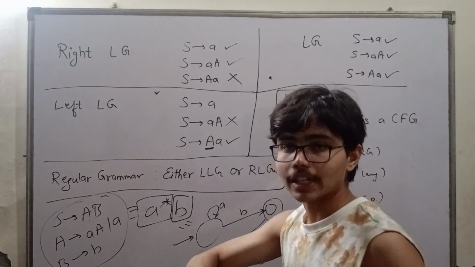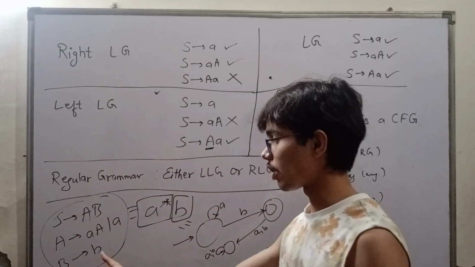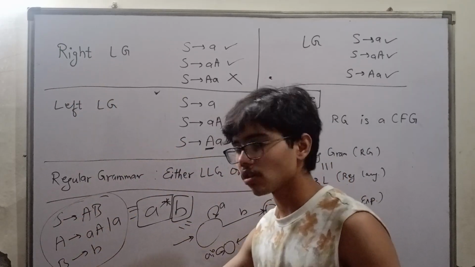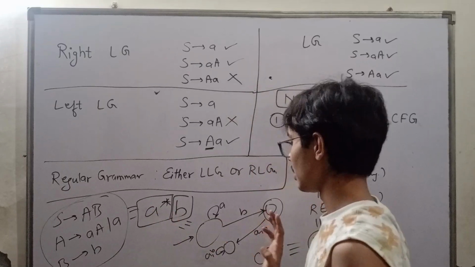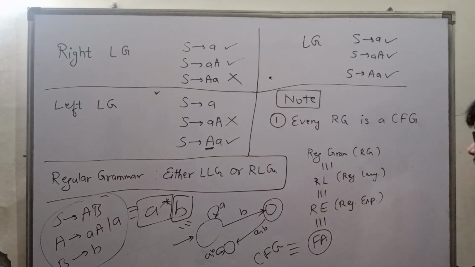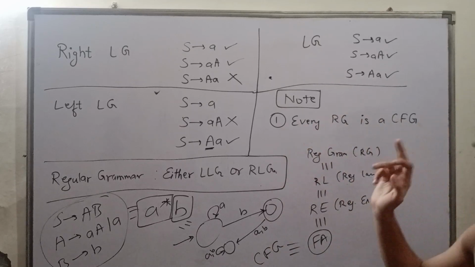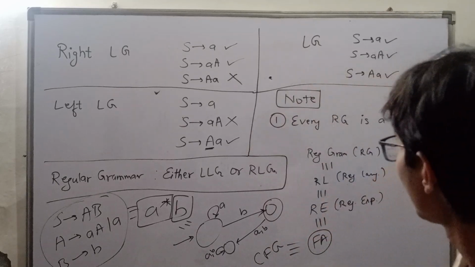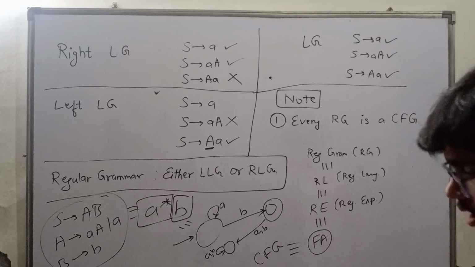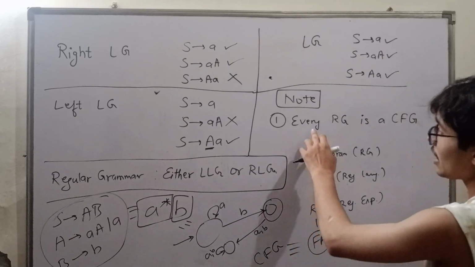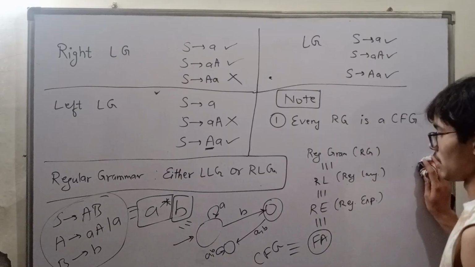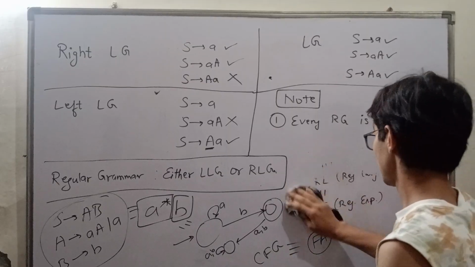You practiced many questions in the previous video on context-free grammar. So I can say every regular language is a context-free language; every regular grammar is a context-free grammar.